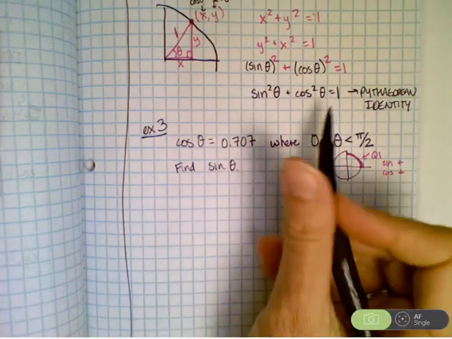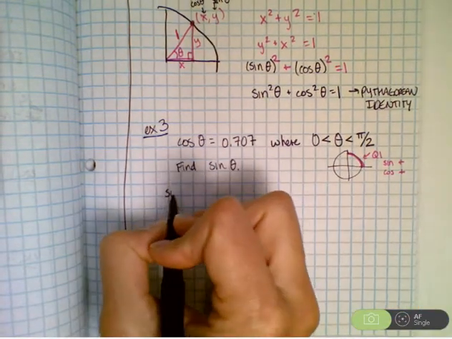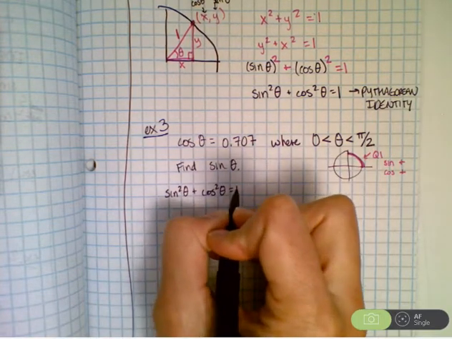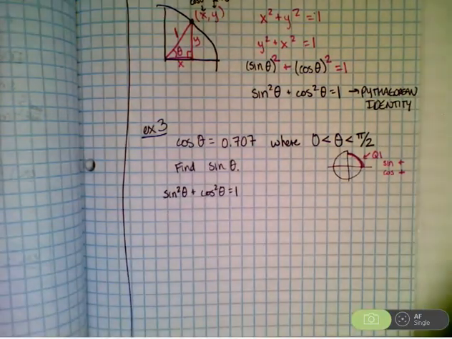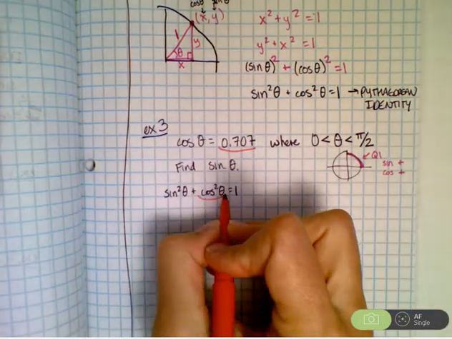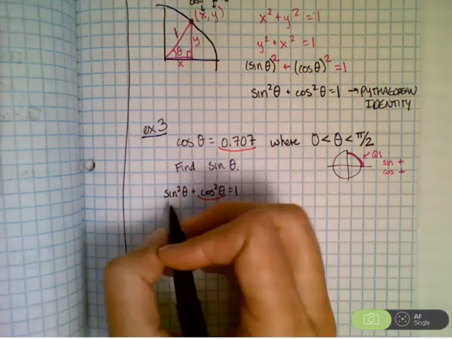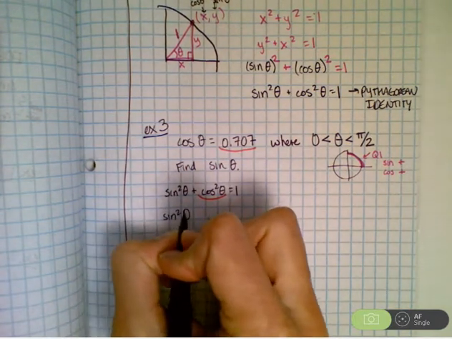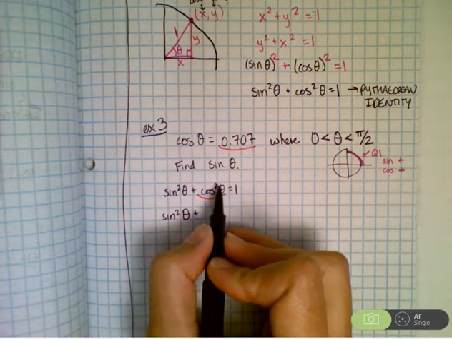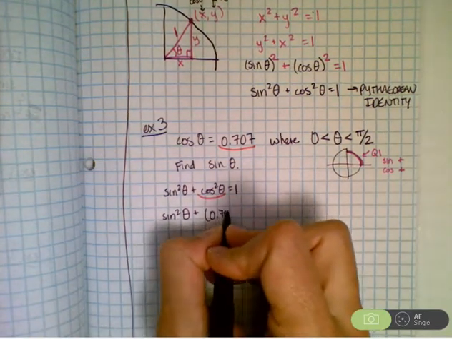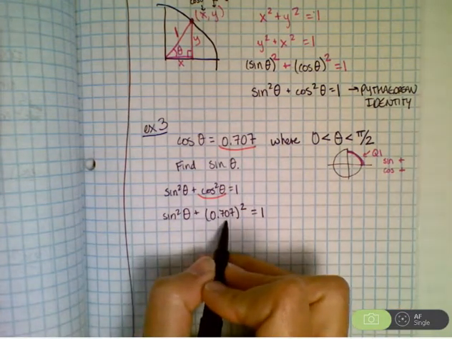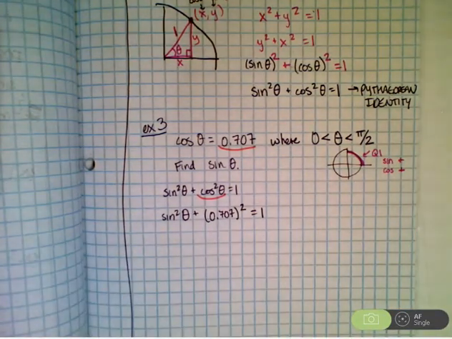So if we're trying to find sine, we're going to go back to this identity. We're going to start by saying sine squared theta plus cosine squared theta equals 1. Well, what we know is the cosine. So this is going to go right here. And the way I write that, we have to be a little bit careful here because this 0.707 is replacing the cosine of theta, but it still needs to get squared. So I'm going to put it like that. Sine squared plus 0.707 squared equals 1.